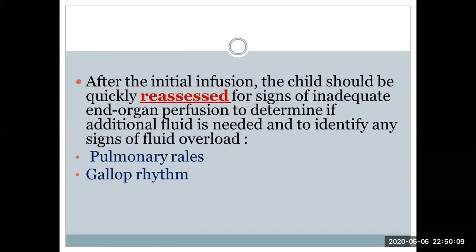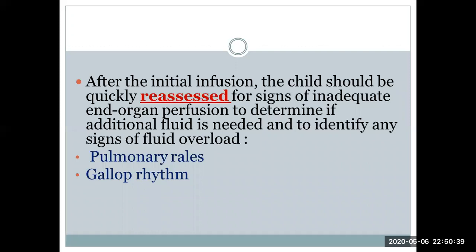After the initial infusion, the child should be quickly reassessed for signs of inadequate organ perfusion, to determine if additional fluid is needed, and to identify any signs of fluid overload. As a tip of advice, before giving any bolus of fluid, assess perfusion, cardiovascular auscultation, and chest auscultation. Before giving the bolus and after each bolus, examine again, and do it quickly without delay.